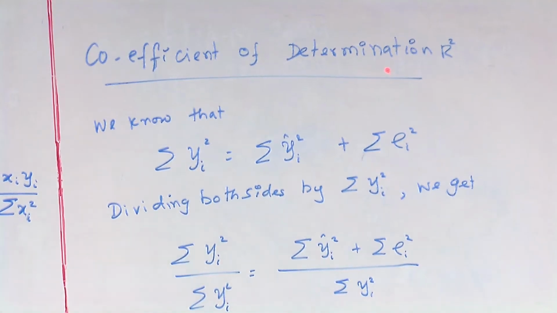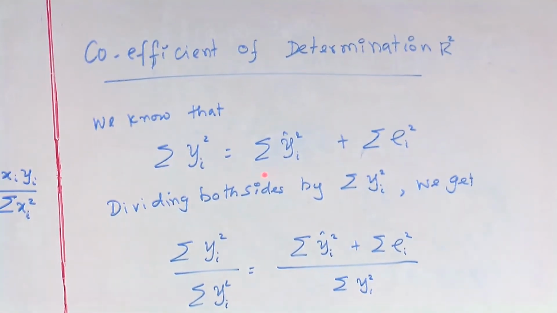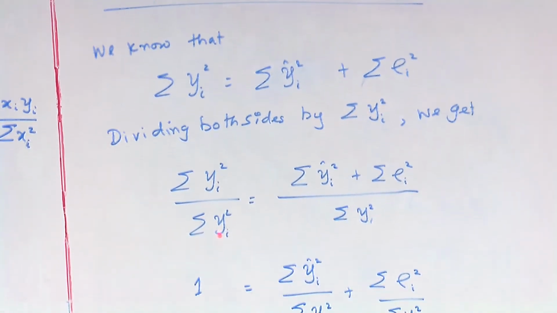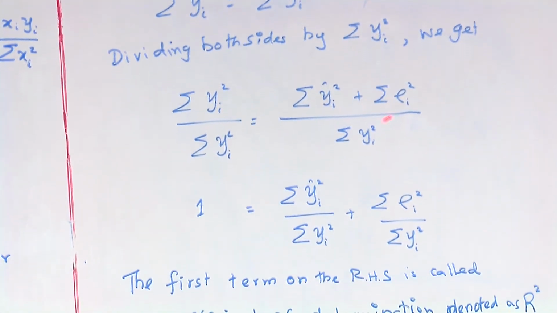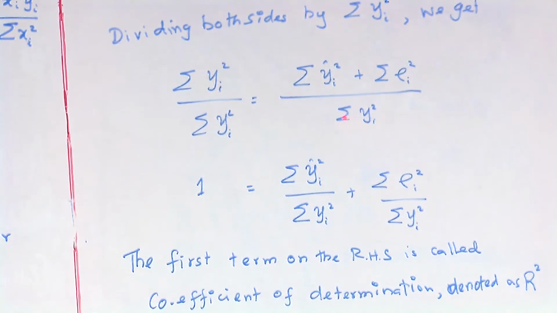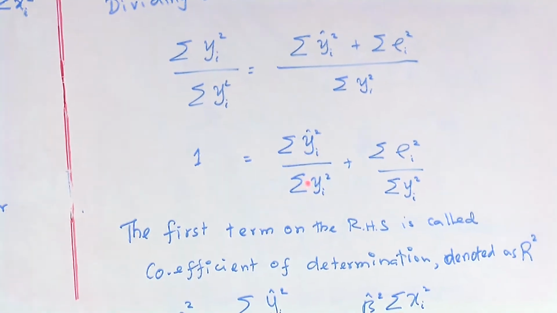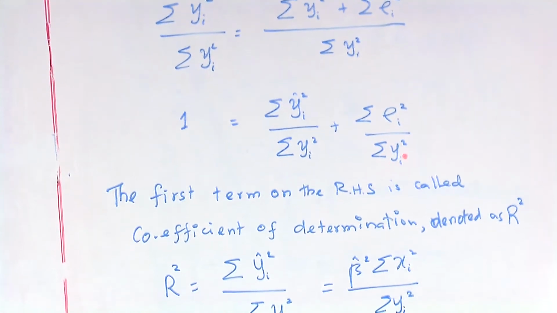Coefficient of determination, or R square. We know that sigma yi square is equal to sigma yi hat square plus sigma ei square. Dividing both sides by sigma yi square, we get sigma yi square divided by sigma yi square, which is 1, equal to sigma yi hat square divided by sigma yi square plus sigma ei square divided by sigma yi square.